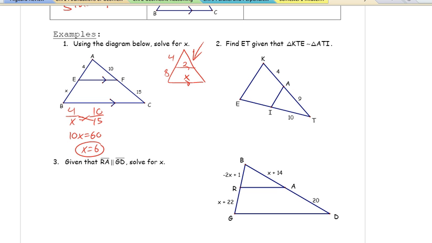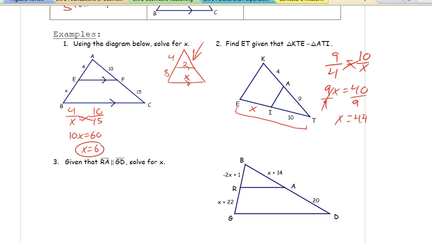If you look at number 2, you might have to turn your head, but we're going to have 9 over 4 equals 10 over, okay, we want to find ET. We need to find this first and then add them up. So 9 over 4 equals 10 over x. Cross multiply. 9x equals 40. So x is going to come out to, that'll be a decimal, 40 divided by 9, 4.4 repeating.